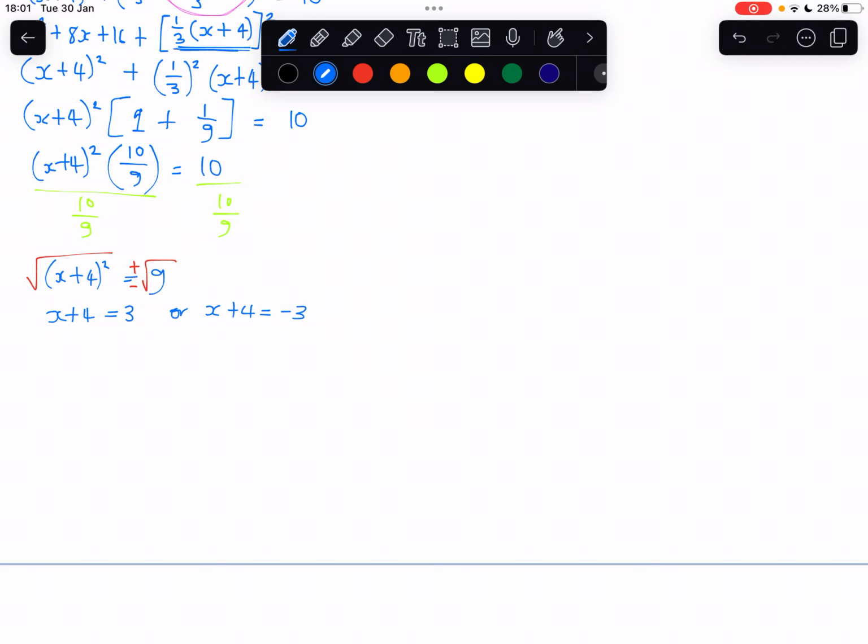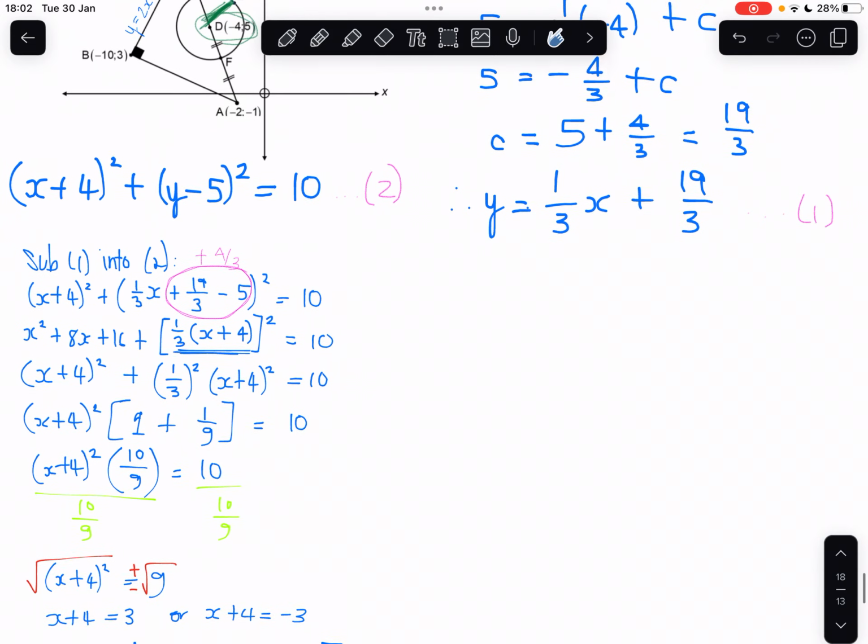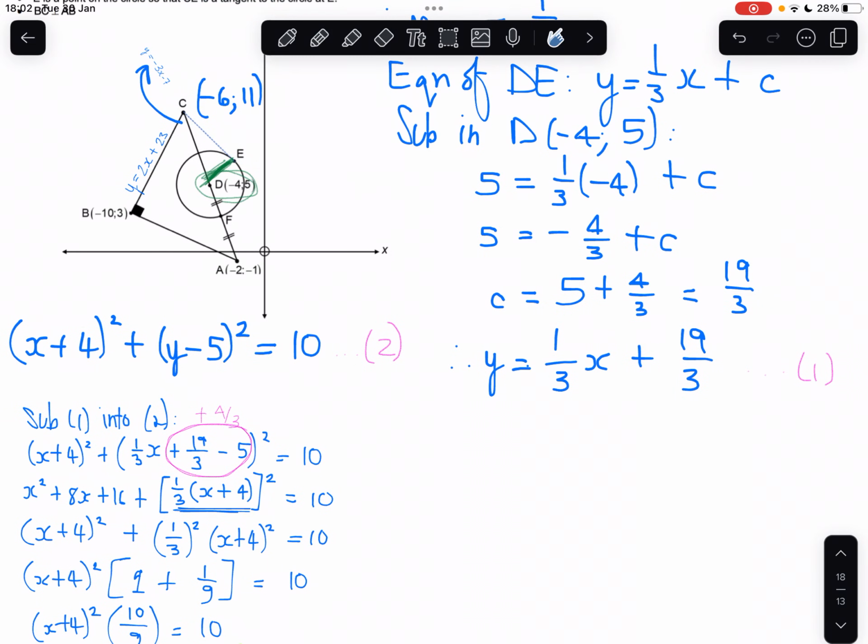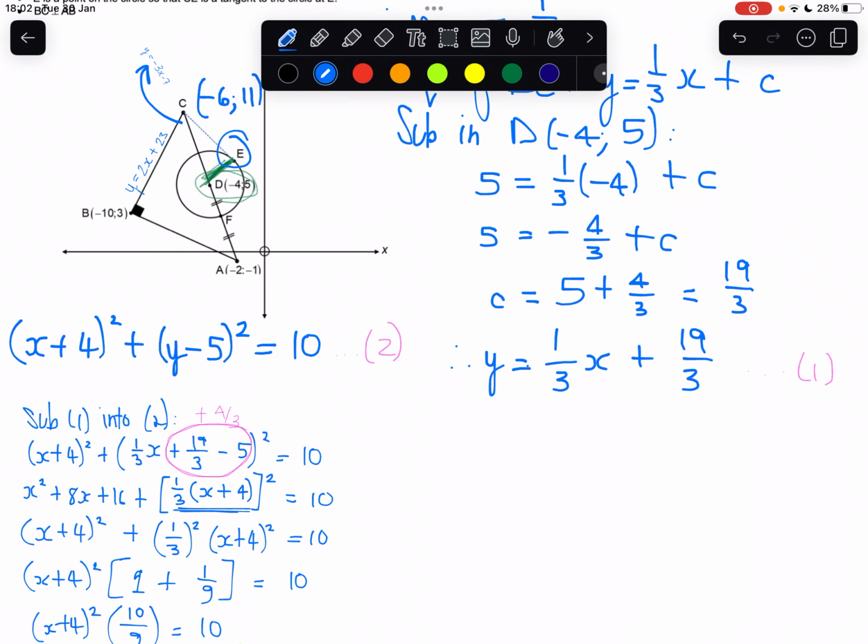Okay. So either x is equal to 3 minus 4, which is negative 1, or x is equal to negative 3 minus 4, which is negative 7. Just to remind ourselves where we even were, what necessitated this, we are trying to find the coordinates of E. We know that E lies on this line DE, and it also lies on the circle.